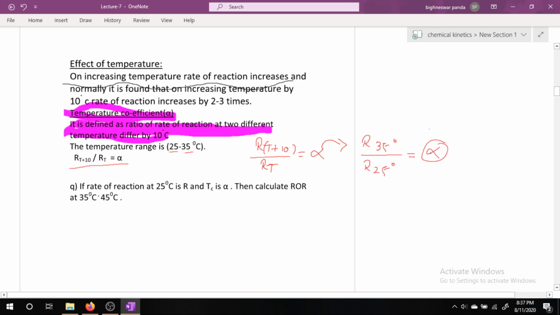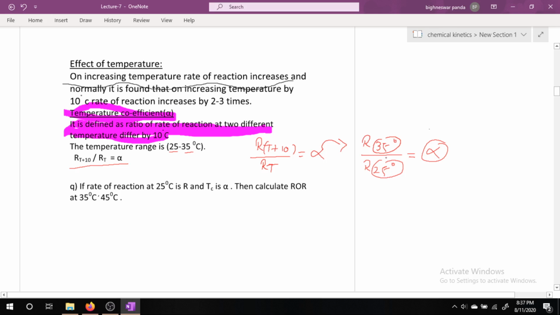This alpha is the temperature coefficient, defined as the ratio of the rate of reaction at two different temperatures, 35 and 25 degrees Celsius, which differ by 10 degrees Celsius.